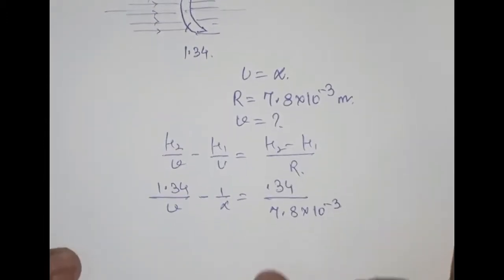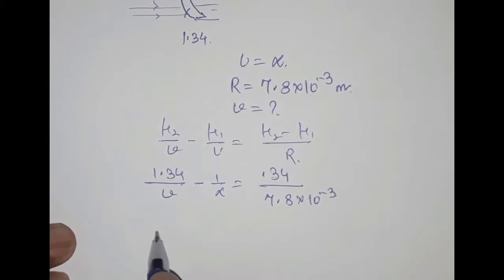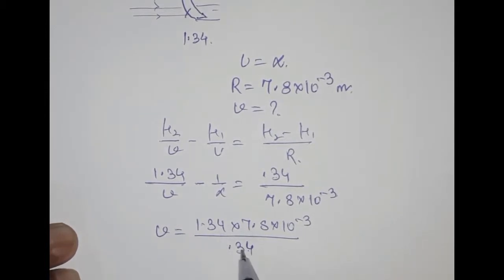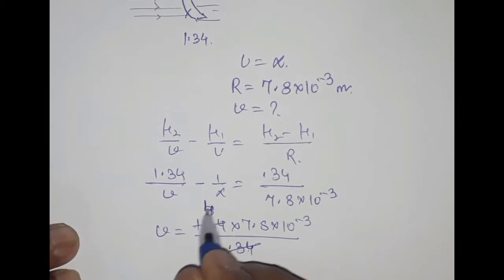So V can be found like this: V is equal to 1.34 into 7.8 into 10 raised to power minus 3 upon 0.34. Approximately, if I cancel out, this will be 3, this 4 will cancel.